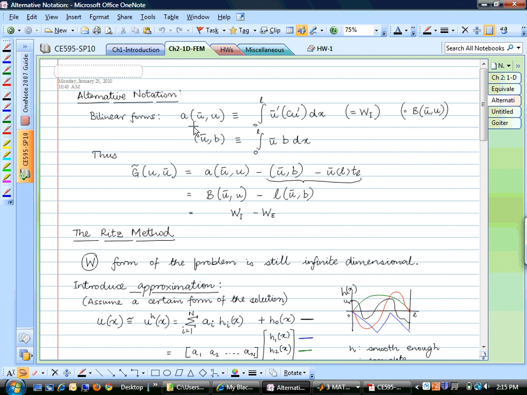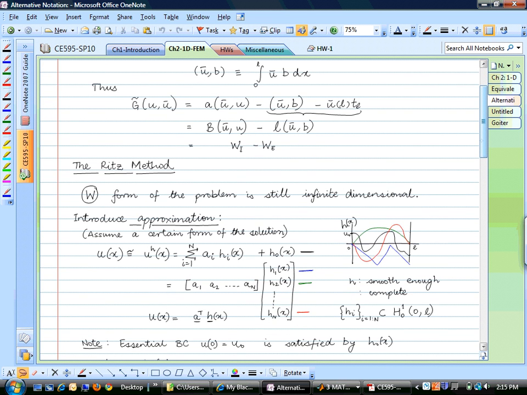This form is also a bilinear form, and this is defined as the load term. And so the alternative forms for the same functional are, this is from the Hughes book, this is from Reddy's book, and this is from Belytschko's book. So all these forms are pretty much exactly equivalent. When you're taking a look at those things, you don't need to be too confused about all this.